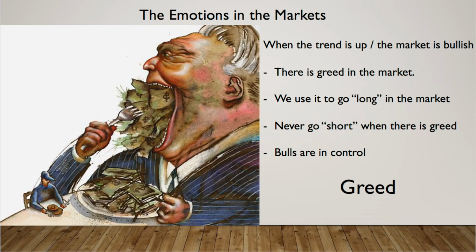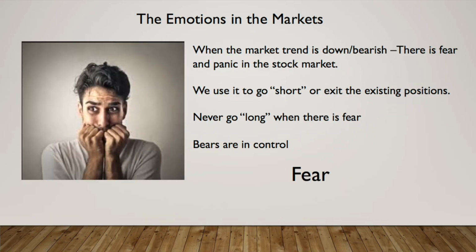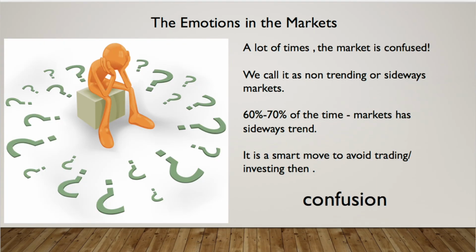Bulls are always in control. Fear. When the market trend is down or bearish, there is fear and panic in the stock market. We use it to go short or exit the existing positions we have currently. Remember, never go long when there is fear. Bears are in control.